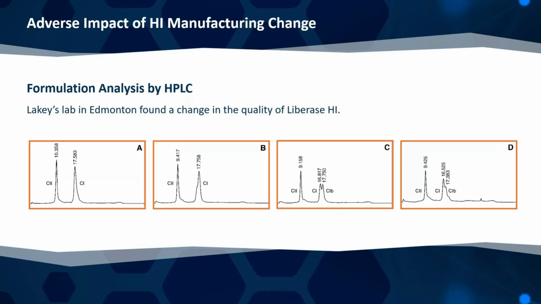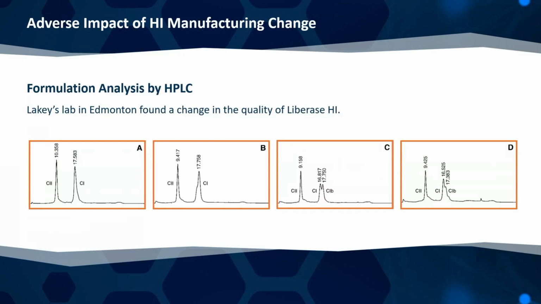And at that time, Jonathan Lakey at the University of Alberta in Edmonton received a lot of funding from the JDRF after publication of the Edmonton Protocol, and he started doing biochemical analysis in Edmonton. So we transferred the procedure for an analytical anion exchange chromatographic analysis of purified collagenase to Jonathan.